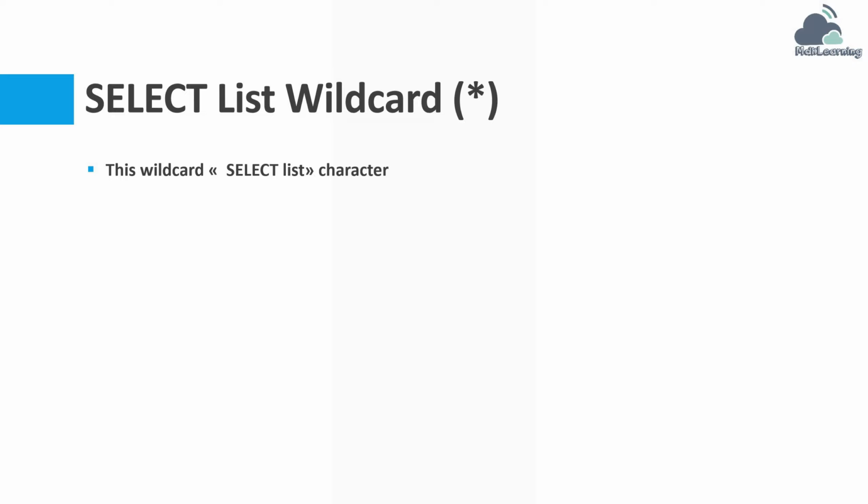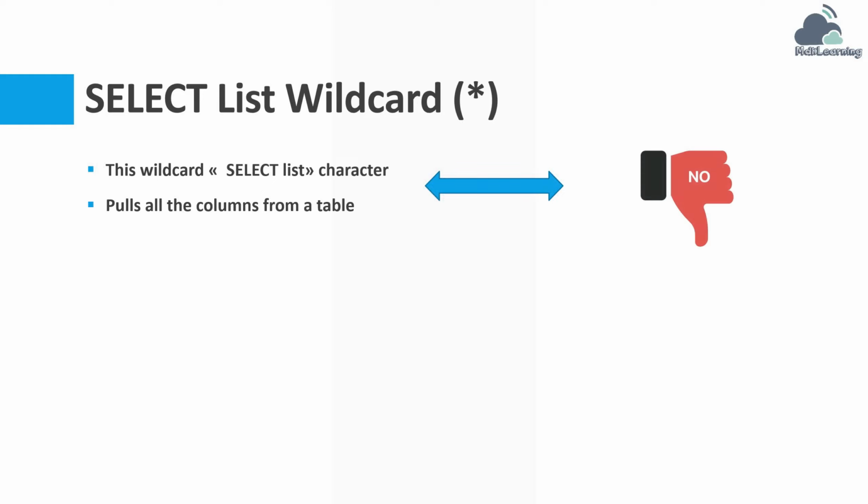And that might seem like a really good thing. This is not a good thing. Using star or the asterisk in a select statement is considered a very bad practice. The reason this is a bad practice is if the application that's getting back your data has to look at the different columns, what happens if the database updates those columns or adds a column?